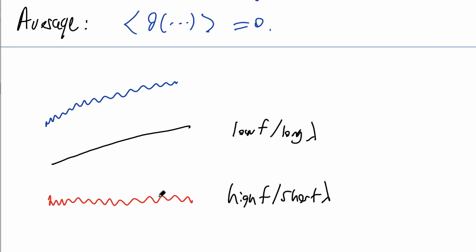Now this high frequency short wavelength part of the signal is removed by the averaging procedure, which takes place in a window something like this. So the averaging removes this part, sets it equal to 0, and the derivative removes the low frequency long wavelength part.